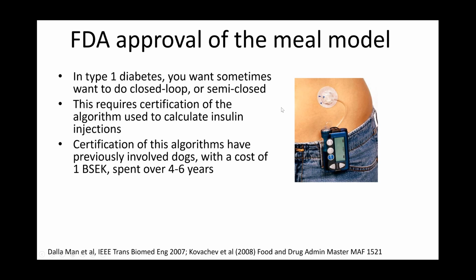And this usually involves certification using dogs, where you made a dog version of the pump and a diabetes version of the dog, and you study them for some number of years, spending around $100 million or 1 billion kroner before you move on to humans.